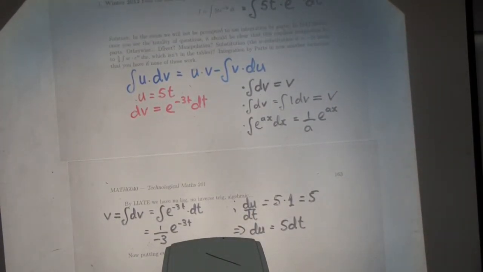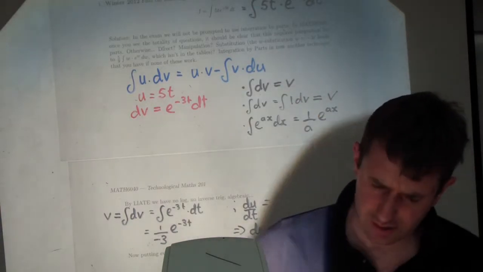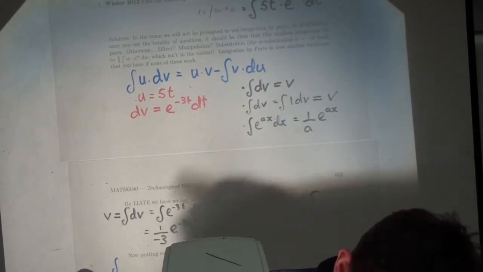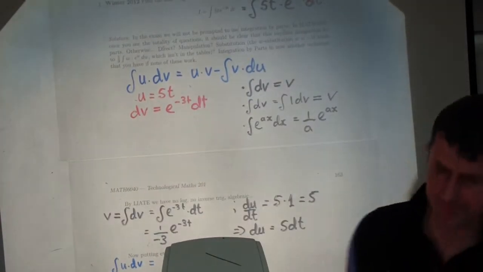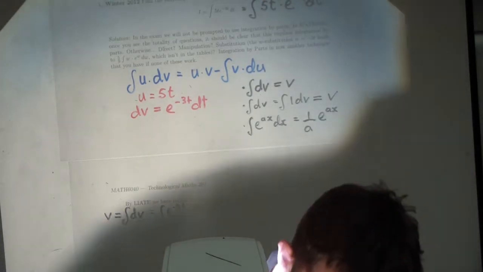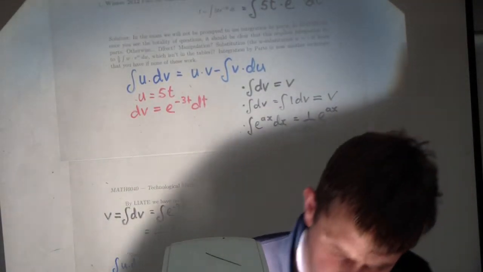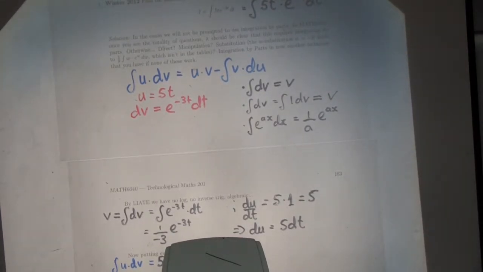So we're going to put everything back together using this formula. I'm going to write u dv, which really means this thing, is equal to u times v. What is our u? 5t. What is our v? Minus 1/3, yes, minus a third.